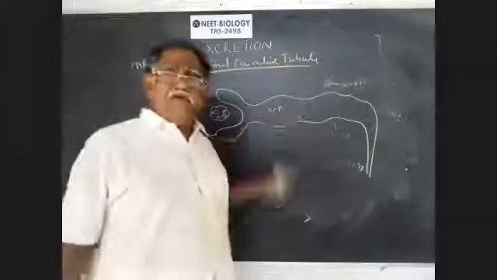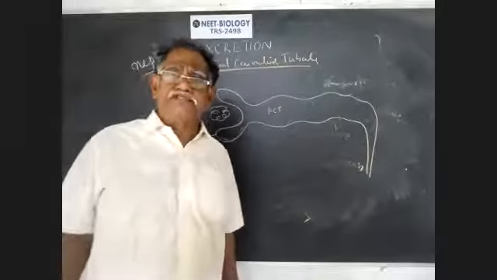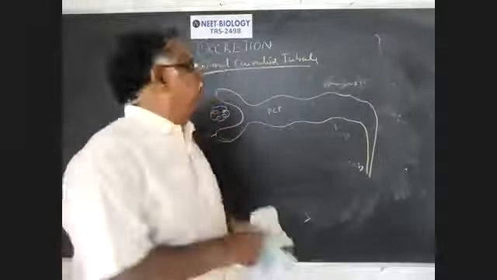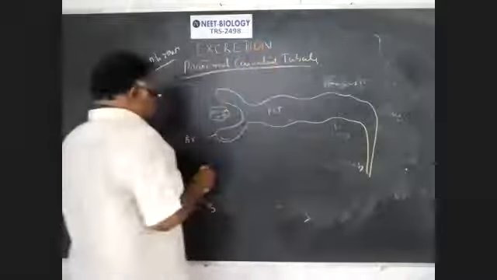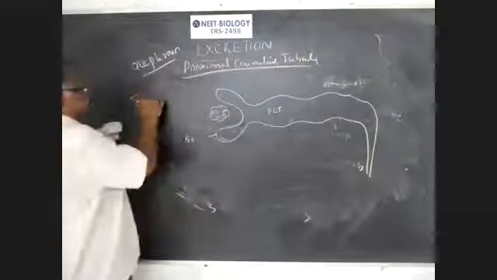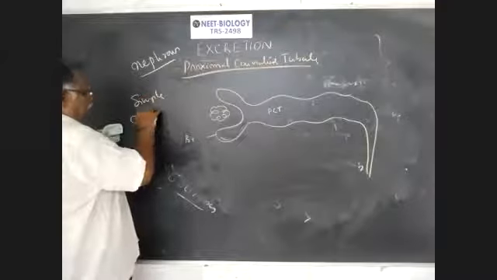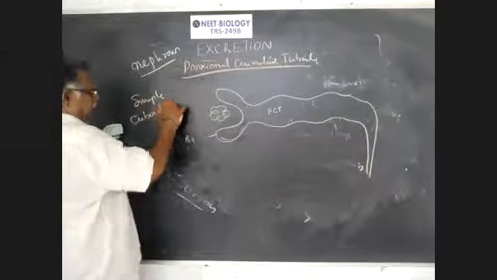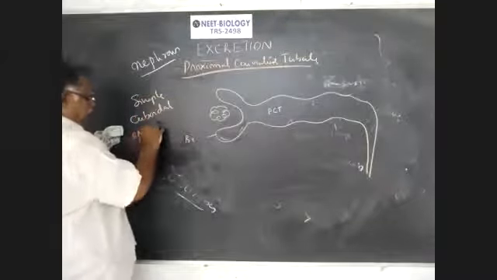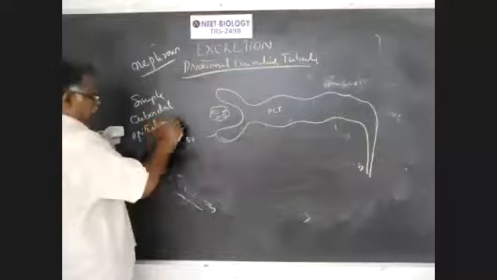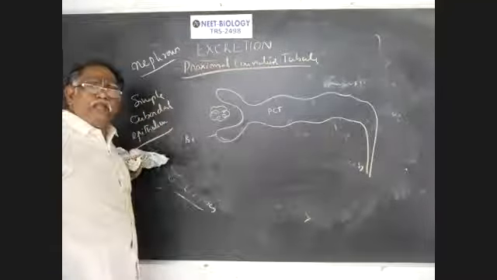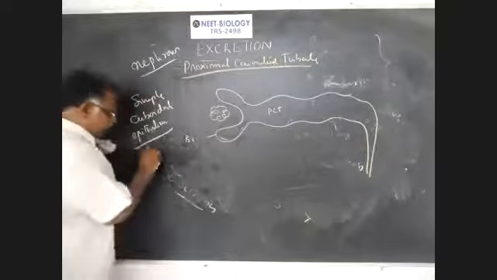The proximal convoluted tubule is lined by simple cuboidal epithelium having brush borders.